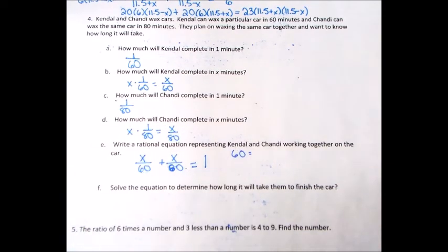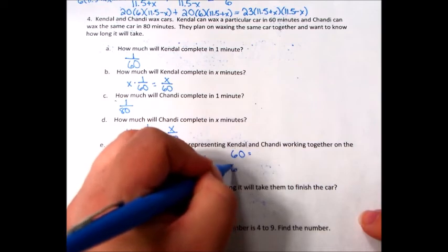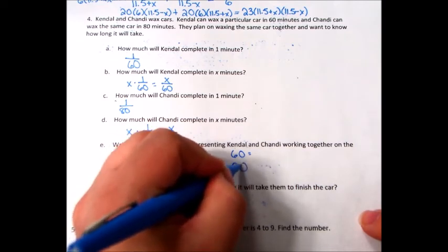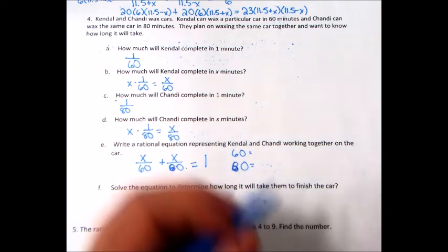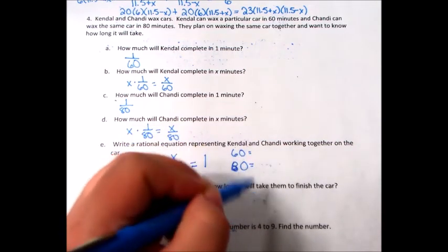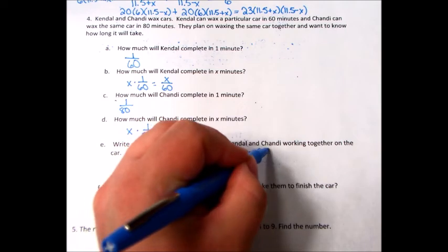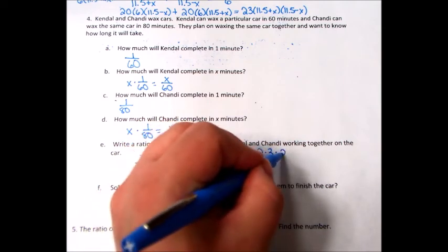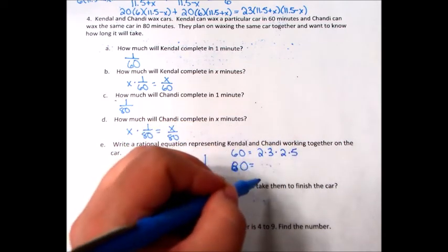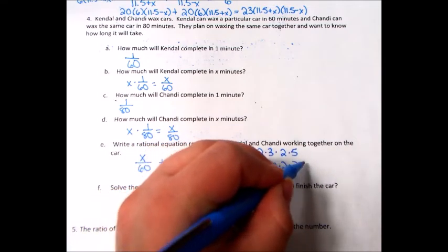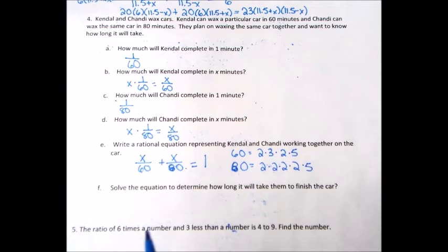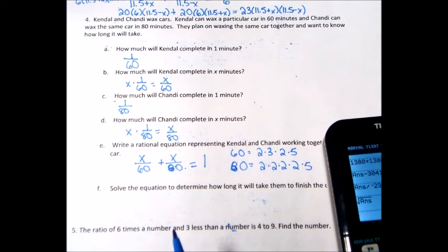factorization for 80. So 60, we know that to be, if you did out your factor tree, 2 times 3 times 2 times 5. And 80 would be 2 times 2 times 2 times 2 times 5. And that's just a factor tree worked out, but you can always check it to make sure. So I have 2 times 3 times 2 times 5.